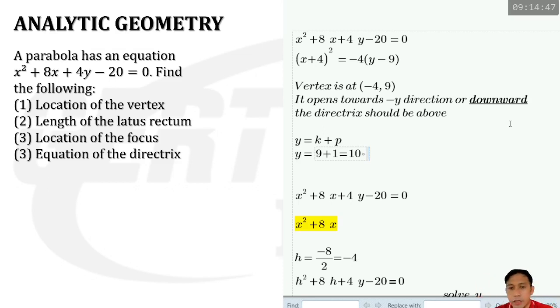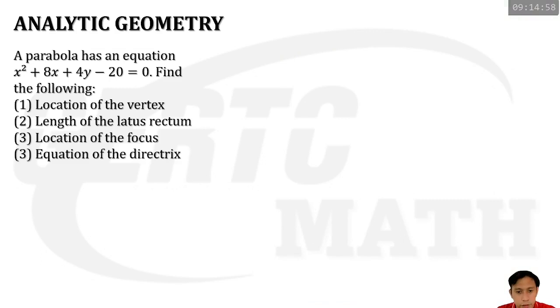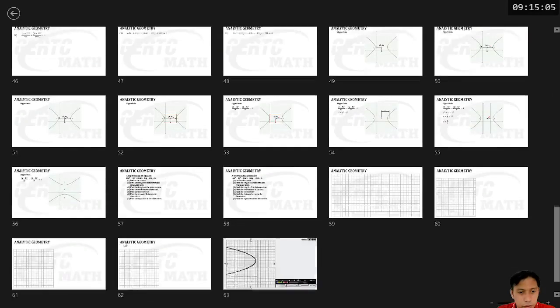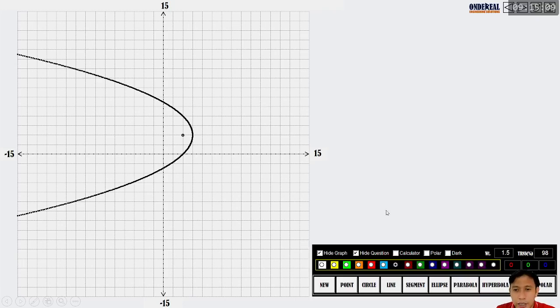Is that correct? Let's find out. Let me draw this, I have the graph here. So, a parabola with vertex at negative 4, 9.